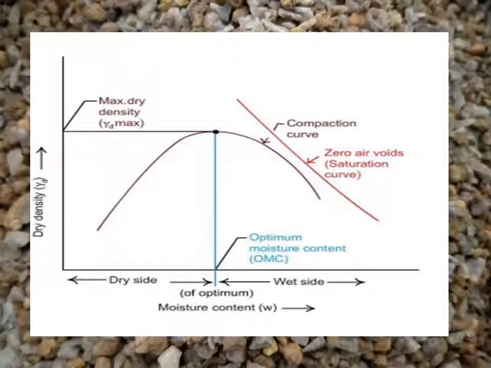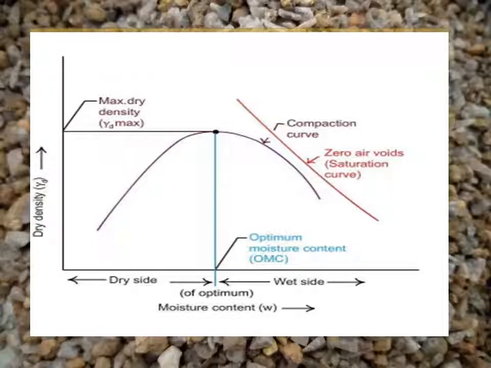So let's have a brief explanation of the nature of the curve that we shall obtain when we plot the dry density and the moisture content. In this curve we have the dry side and the wet side of the optimal moisture content. Optimal moisture content is simply the moisture content that results in the greatest density for a specified compaction effort.